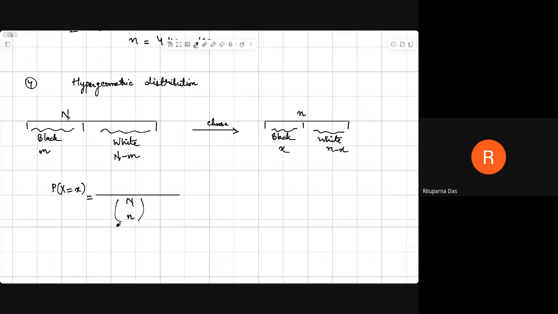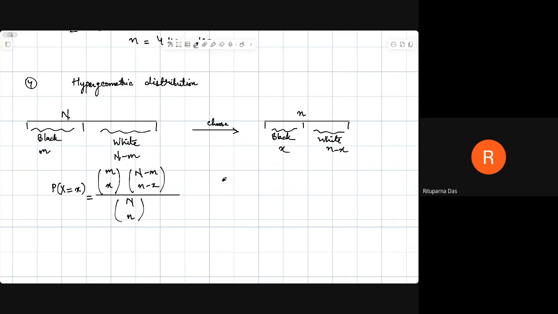This will be on the denominator. Then what did we do? We have chosen x out of m, and from N minus m we have chosen n minus x. So this is your PMF, probability mass function, for the hypergeometric distribution.